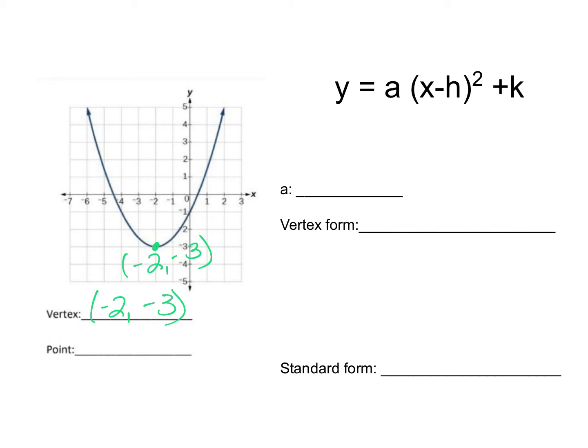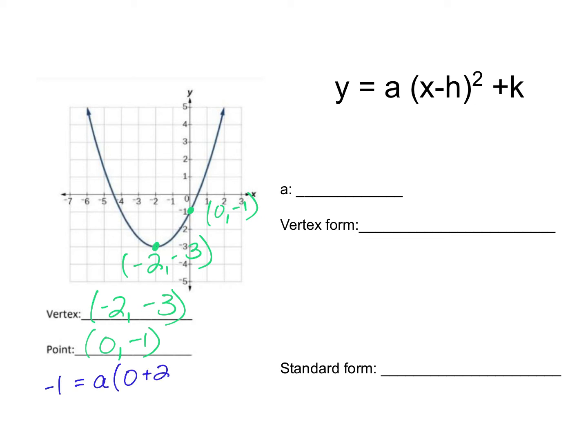I'm going to pick a point. I like to use values that are 0, so I'm going to go for this one right here, which would be 0, negative 1. Anytime I can use 0, I'm going to, because it simplifies things for us. So we would have 0, negative 1. So let's go ahead and find that A value by substituting into the equation. Let's see, I guess I could squeeze that in this corner here. So Y would be negative 1 equals, we don't know A, X is 0.